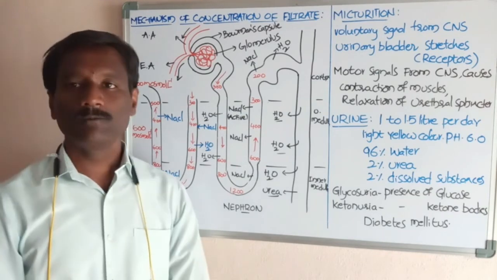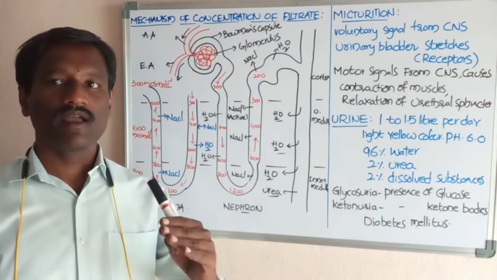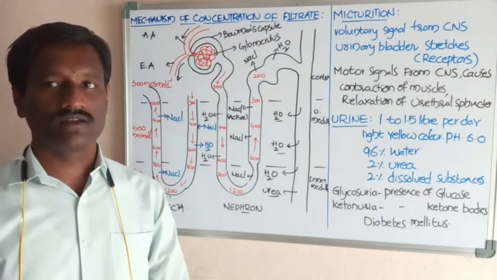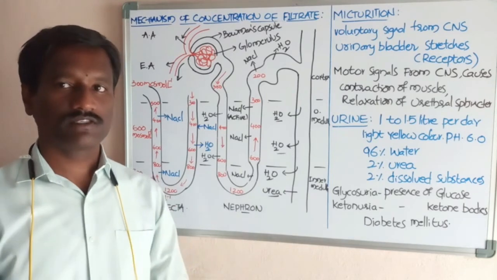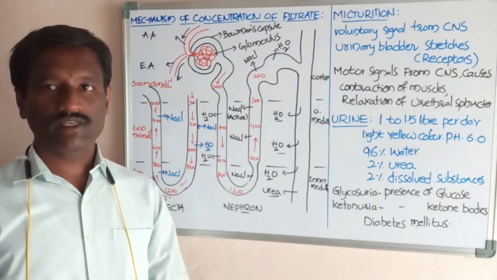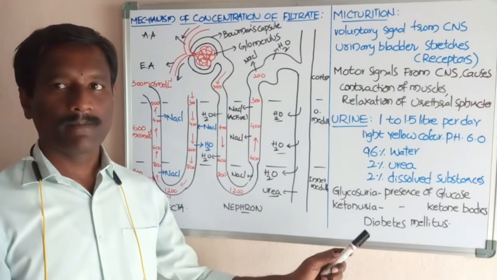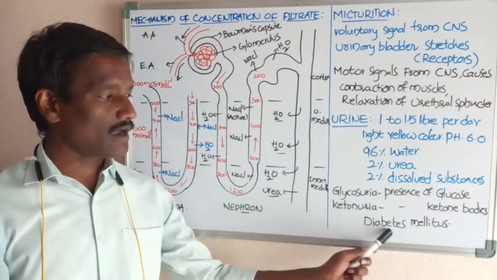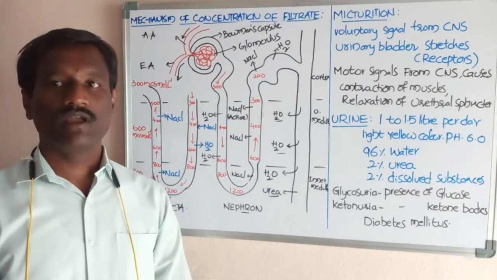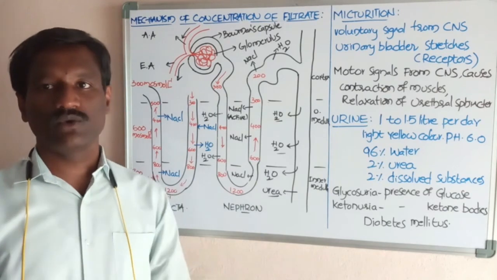And the urine is helpful in the examination of metabolic disorders of individuals. For example, it helps to detect the disorder diabetes mellitus by the presence of glucose and ketone bodies in the urine.